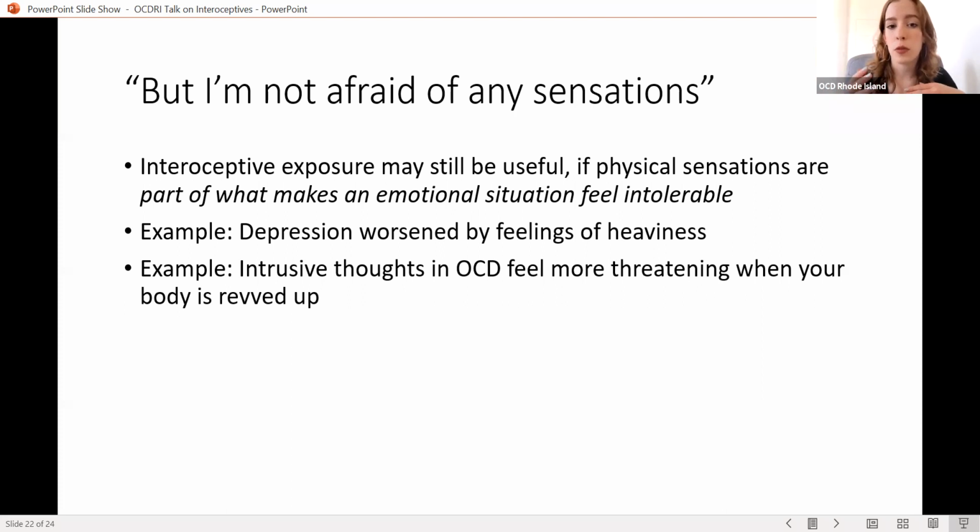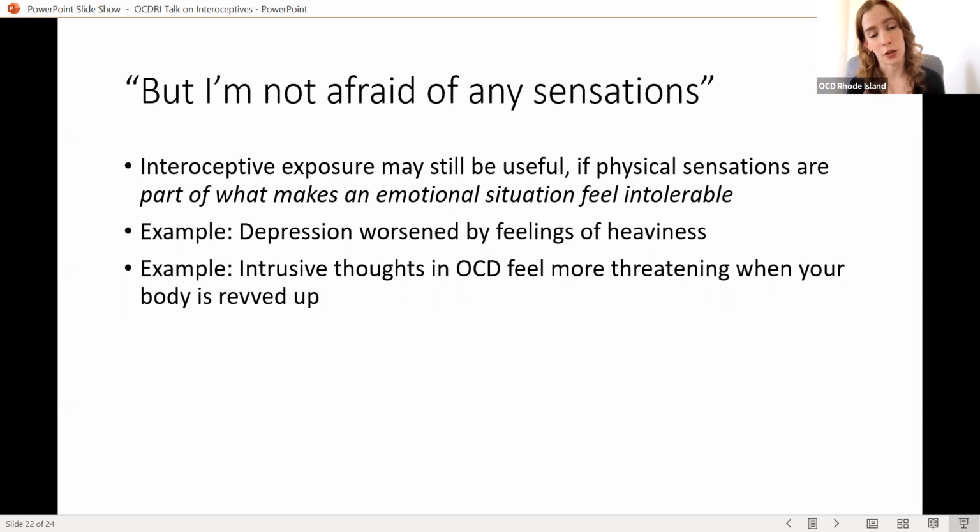And here the purpose would be to practice doing it anyway, even when they felt heavy and lethargic, so that the next time that physical sensation came up, they wouldn't be so likely to withdraw, avoid, sleep, procrastinate, all the things that are so tempting to do when we're depressed. We would have removed the element of the physical sensations driving that avoidance by building up tolerance to the sensations, even if they were never afraid of them.